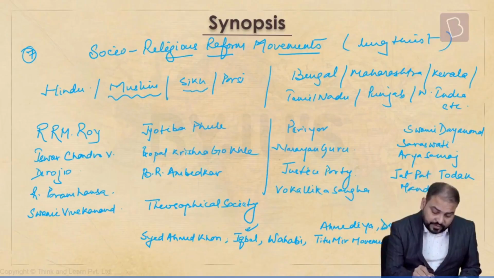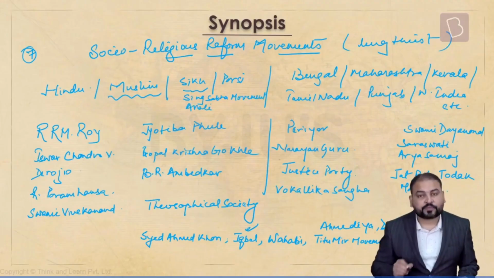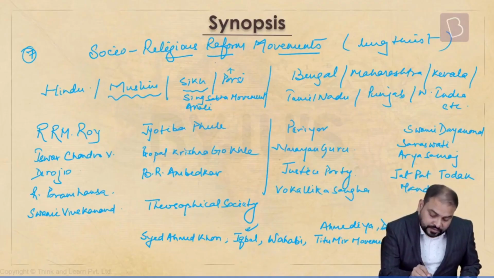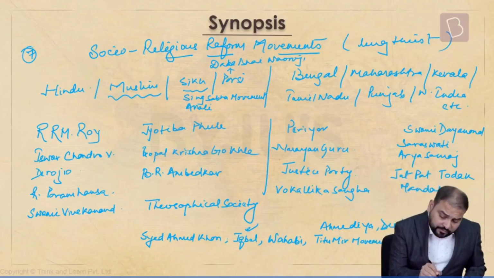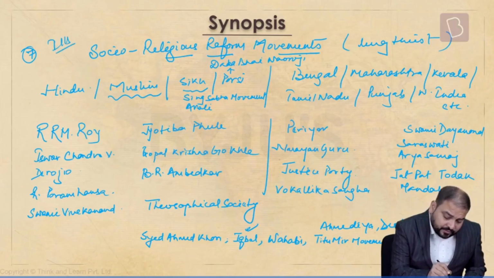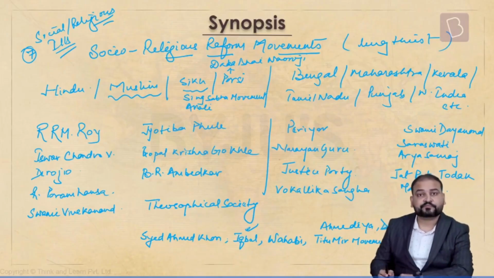Similarly, when it comes to Sikhs, we shall see Singh Sabha movement, Akali movement, and Parsis, we shall see Dadabhai Naoroji. See, apart from this, we shall also look at the major ills, whether they were social or religious ills that plagued our country in those days. We shall talk about all of them.